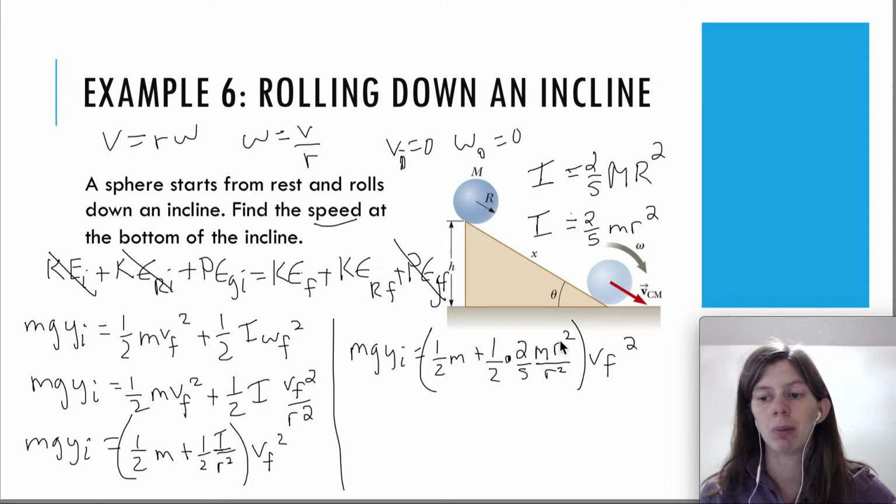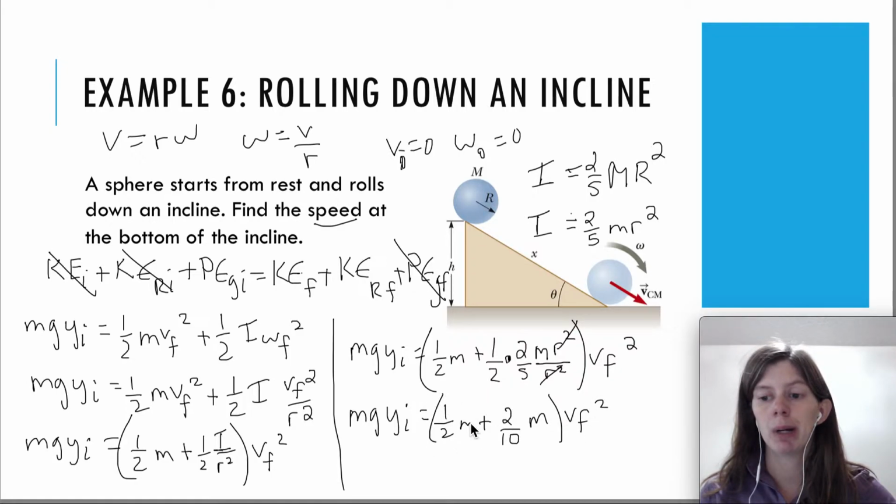All of this is multiplied by v final squared. I know this looks like a lot of math, and it is a lot of math, but it's going to look very beautiful once we finish. We have 1/2 m plus 1/2 times 2/5, so you multiply across to get 2/10 m. So you see it's already starting to look better.